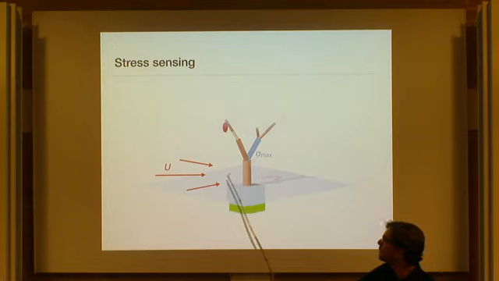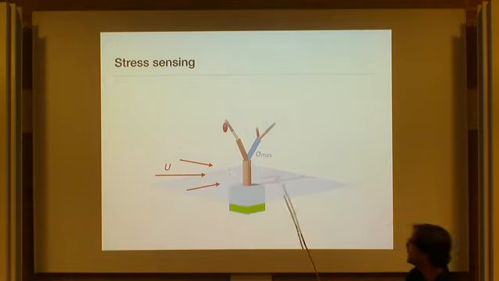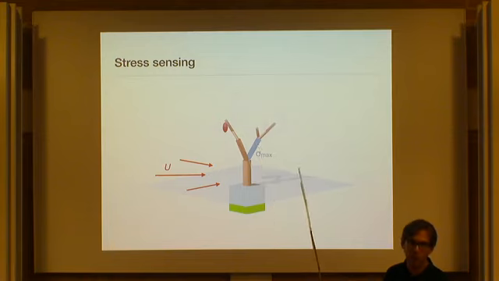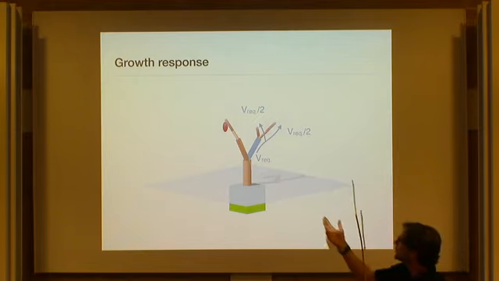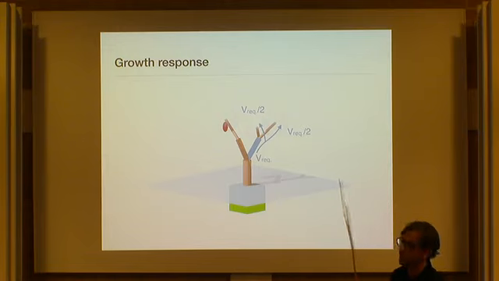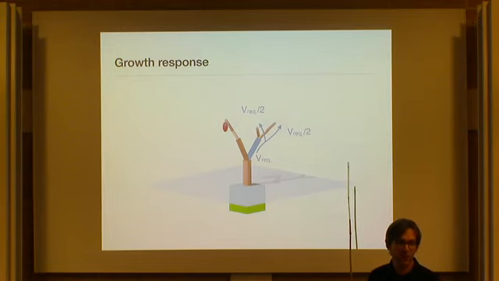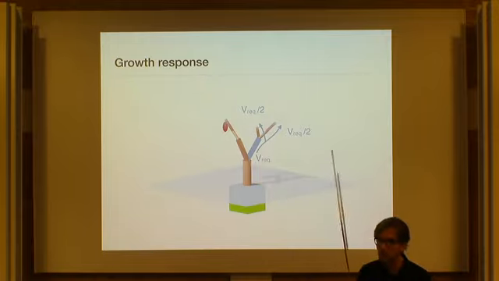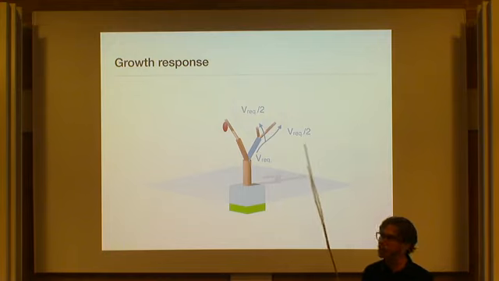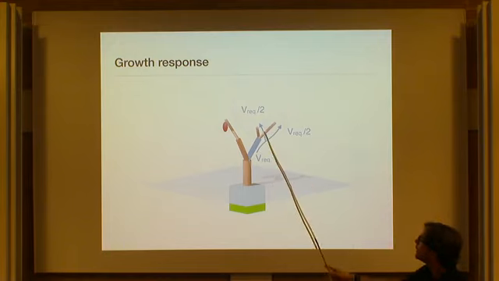There's an average wind every month or every day, and each branch feels the level of stress. I'm assuming that this level of stress is transformed into a certain request to increase its volume. So each branch feels a certain level of stress and will request some volume from the rest of the tree to increase its diameter. It will be requested from the leaves that are below in the hierarchy.